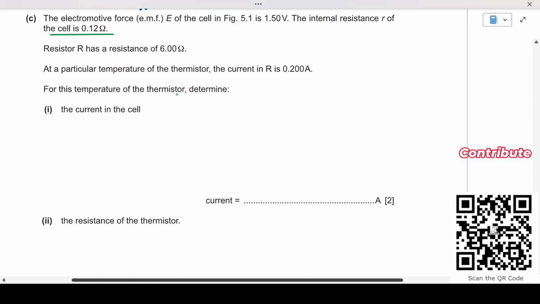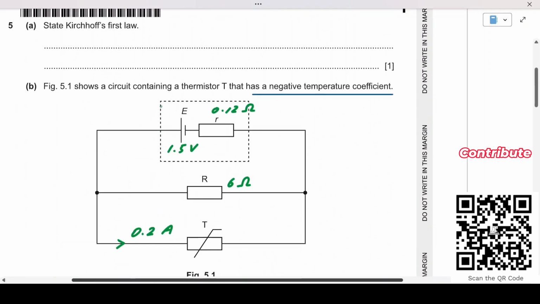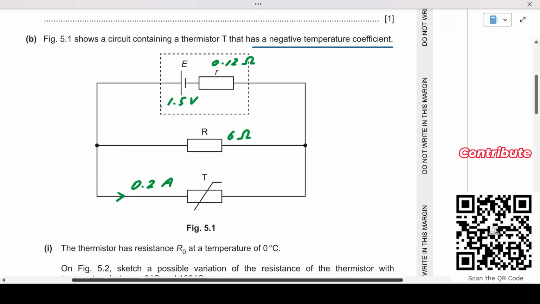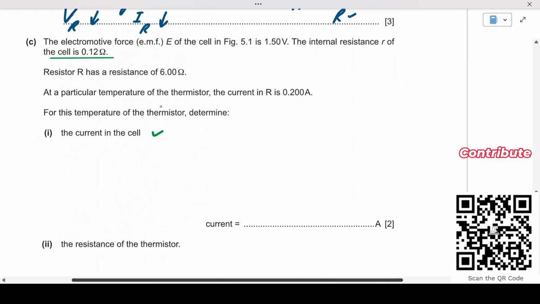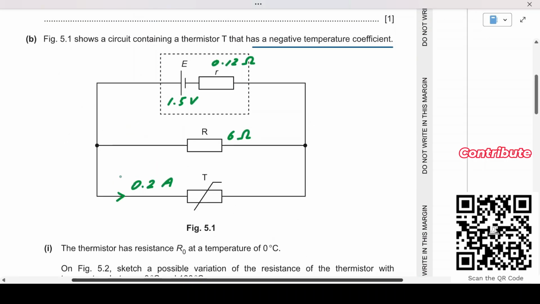For this temperature of the thermistor, determine the current in the cell. Okay, we need to find the current in the cell. All right, so very interesting question. For 2 marks, we need to find the current in the cell.